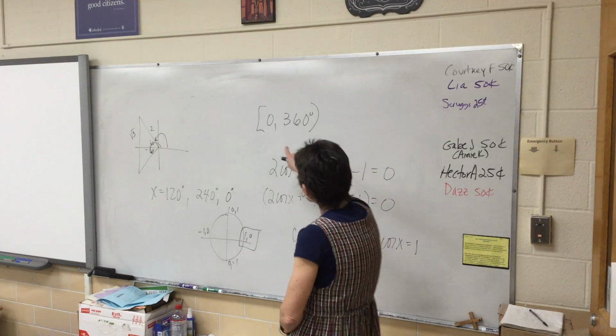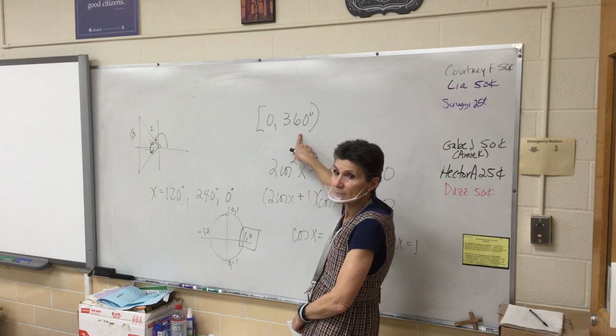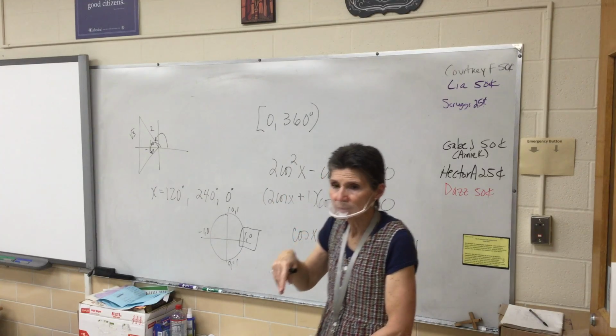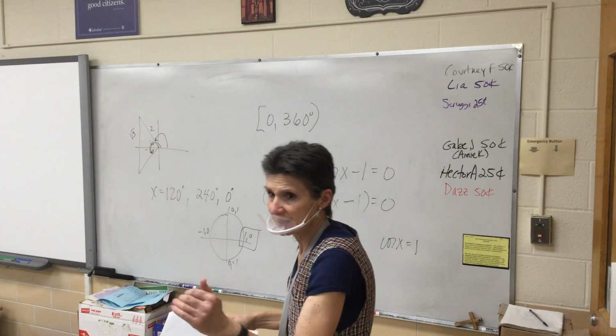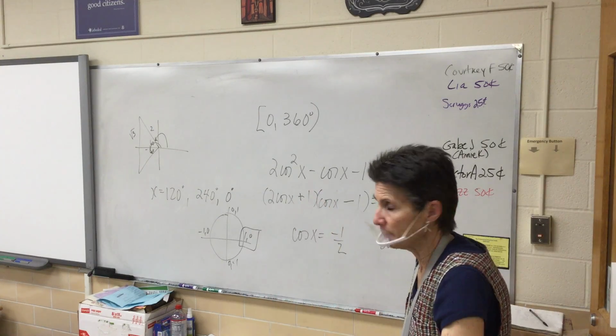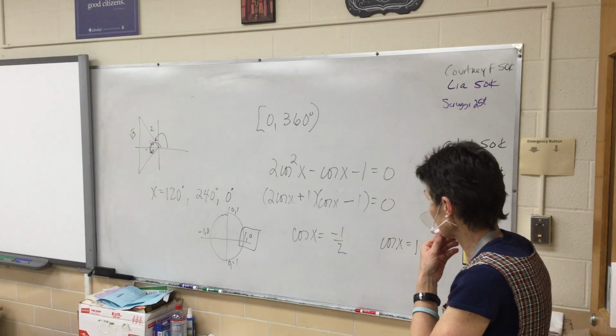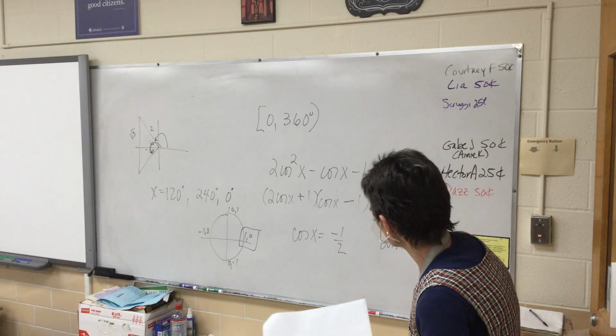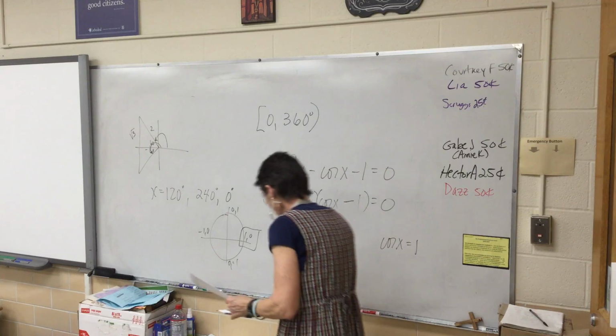Well, the way the directions are written, 360 isn't included. And really, we never include 360 because it's the same as 0. So one or the other, but not both. In this case, we'll use 0. Okay. All right, that's a lot of work. Big problem. Okay.